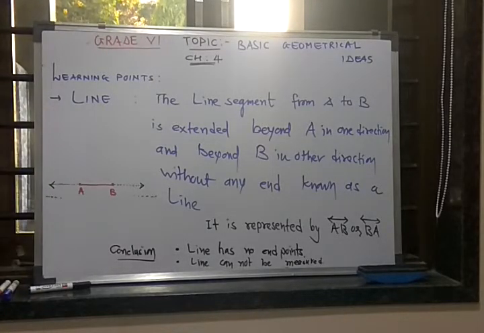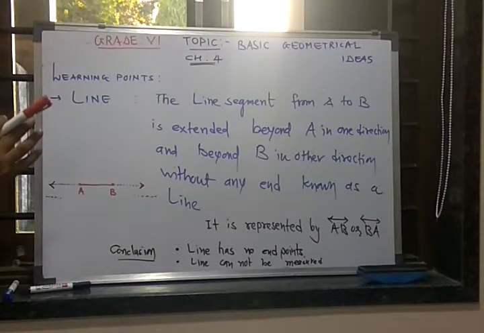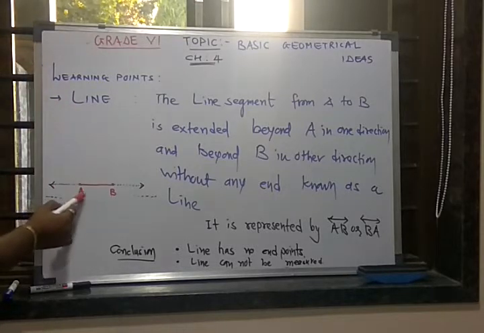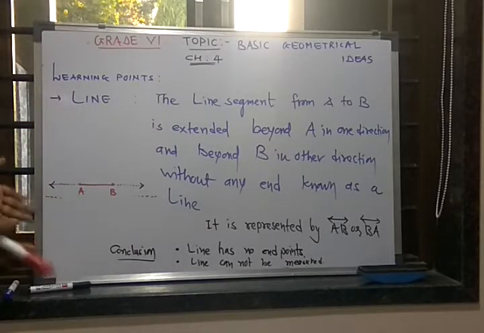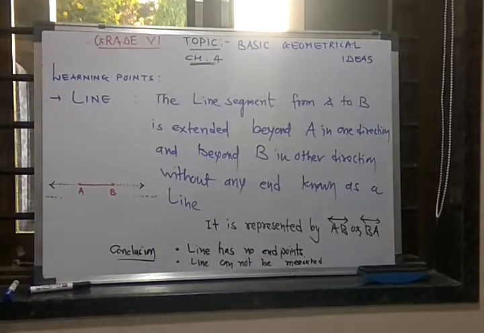Next point, line. Let's try to understand the definition of a line. Line comes from line segment. Here you see line segment AB. So this definition is very simple. You see the figure and write the definition. No need to learn by heart.